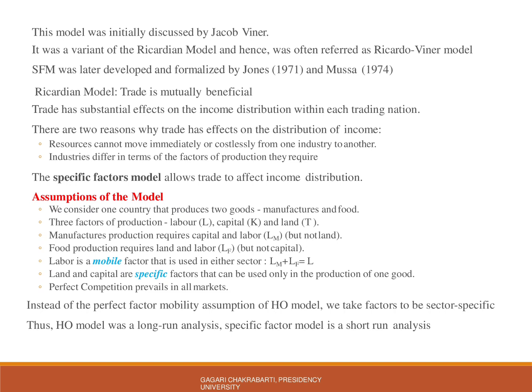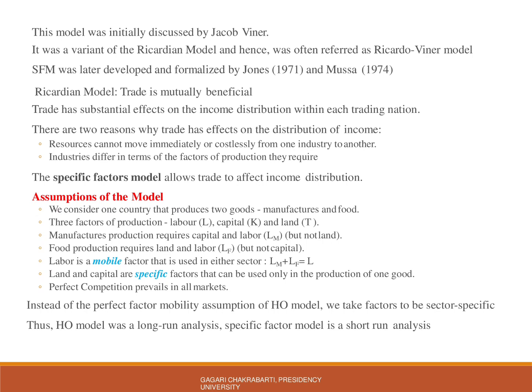Now, we come to the two other factors. Land and capital are called specific factors that can be used in the production of only one good. That means land will be applicable only for the food sector, and capital will be used only in the manufacturing sector.